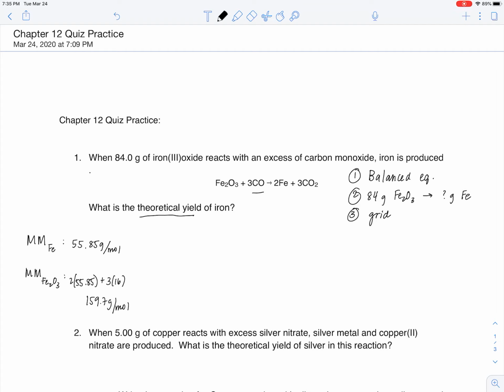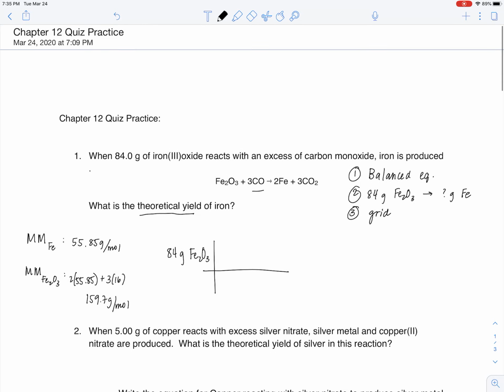So that's for step 3. Let's start with what we're given, which is 84 grams of Fe2O3 in our grid. If you look at your double mole map and follow along, we're going from grams to moles. So we have 1 mole of Fe2O3 over 159.7 grams.